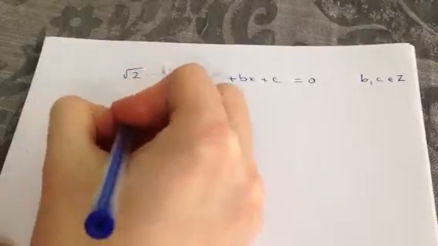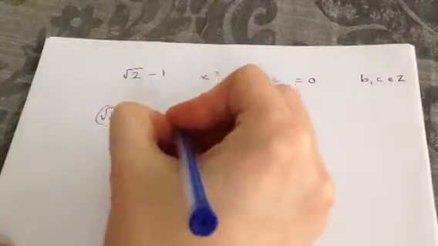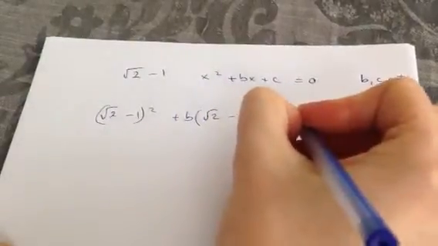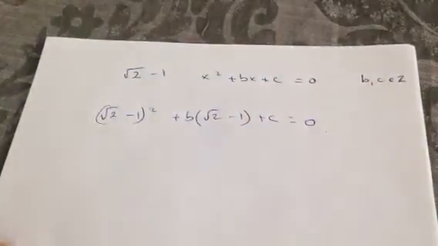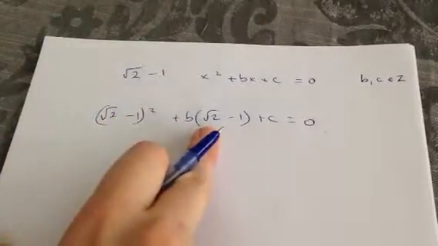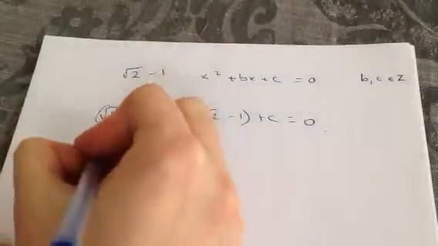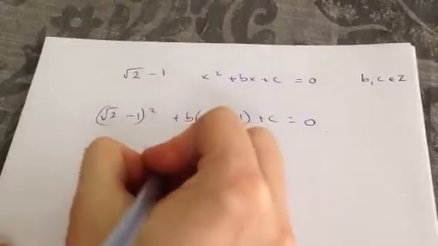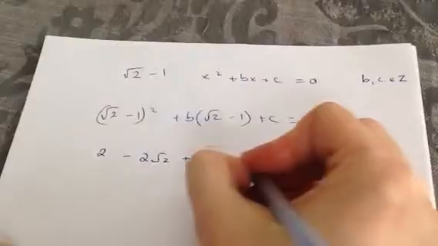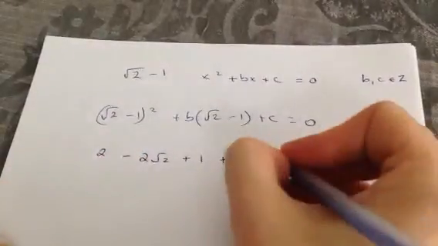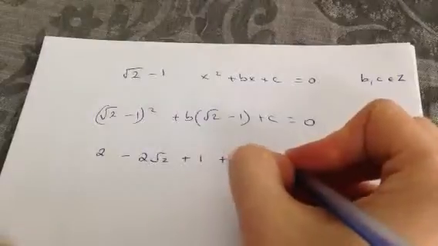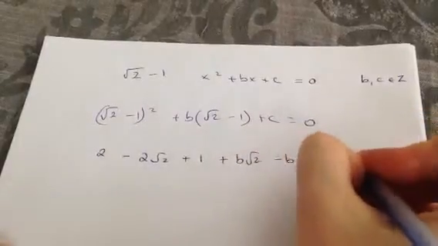So you've (root 2 minus 1) squared plus b times (root 2 minus 1) plus c. That is equal to 0. You can square this out, multiply this in, and you'll end up with 2 minus 2 root 2 plus 1 plus b times root 2 minus b plus c equals 0.